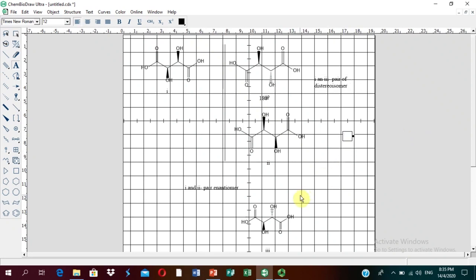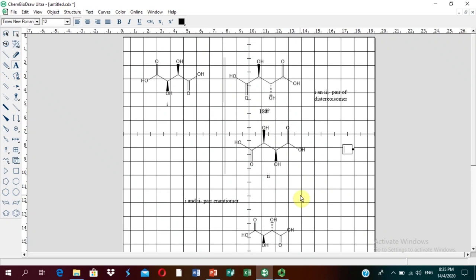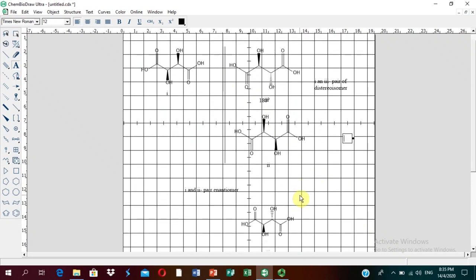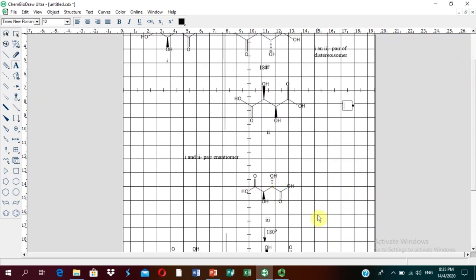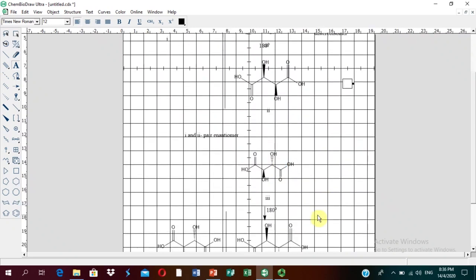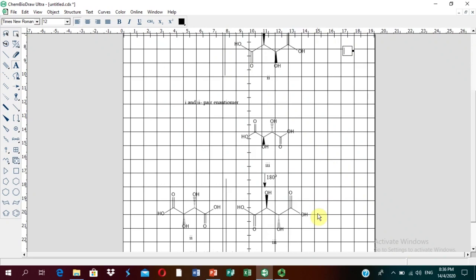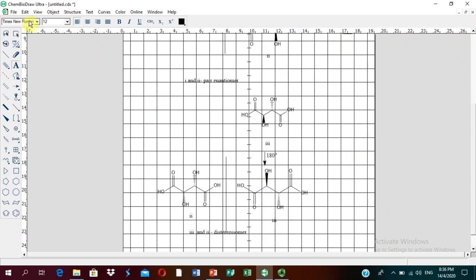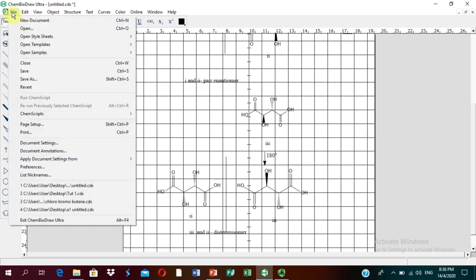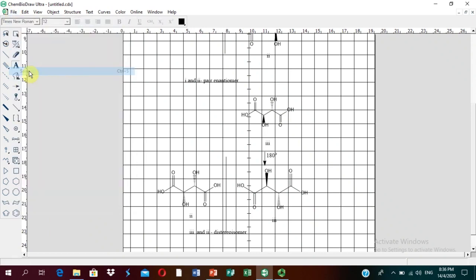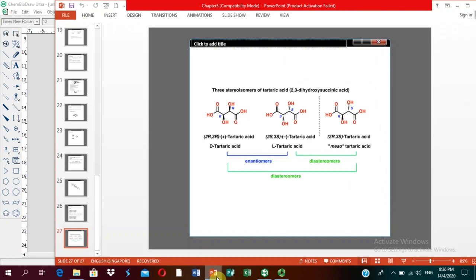Okay, so we have here the enantiomers 1 and 2, and then the rest, 1 and 3, and the pair of molecules 2 and 3, are diastereomers. Okay, class, are you clear?